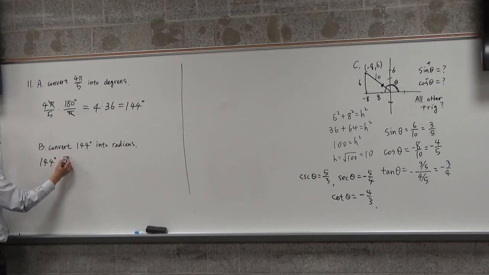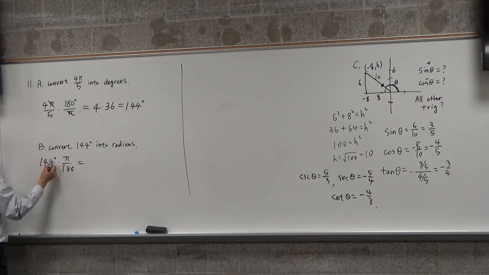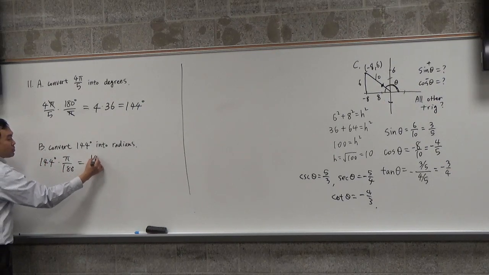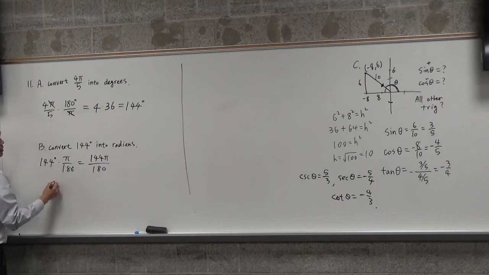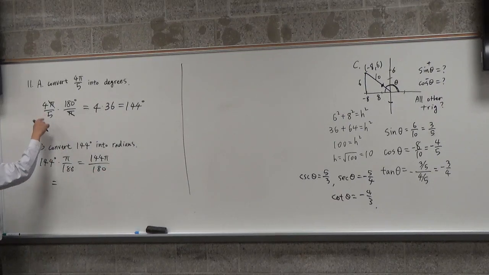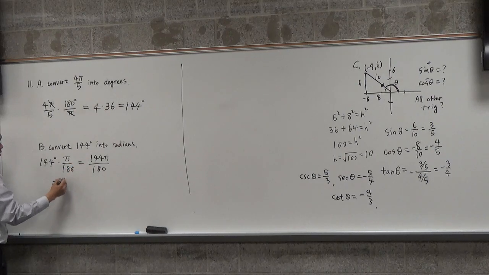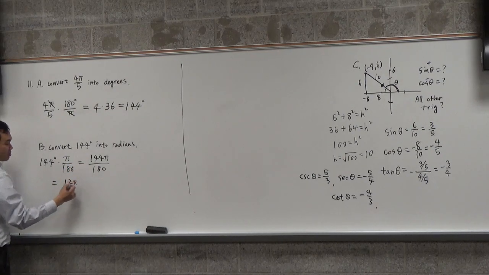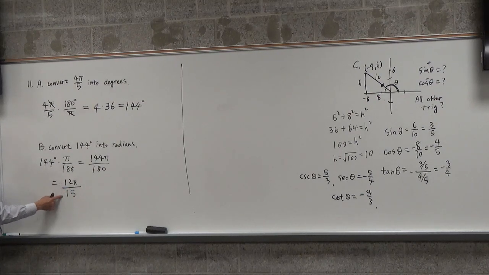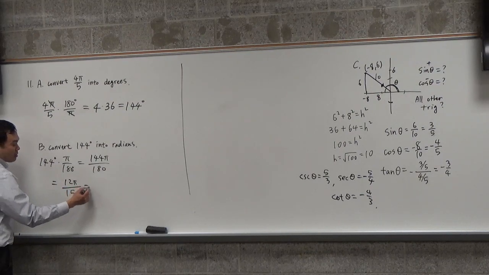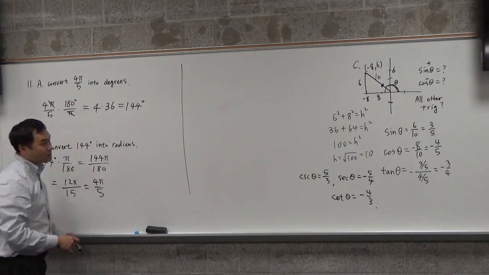You multiply by pi over 180 degrees, so degrees cancel and you get 144 pi over 180. You have to reduce, so divide top and bottom by 12 to get 12 pi over 15, and then divide top and bottom by 3 to get 4 pi over 5, which is the original.